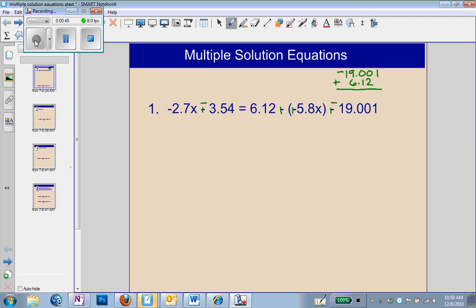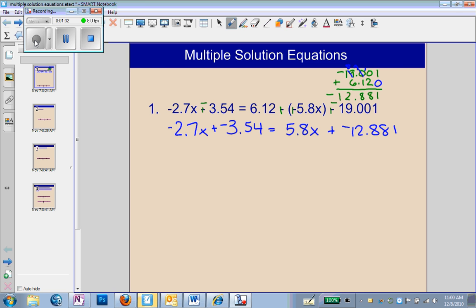Since these two numbers are different signs, I'm actually going to subtract them. Now I'm going to add 2.54 to both sides to get my x flat side.